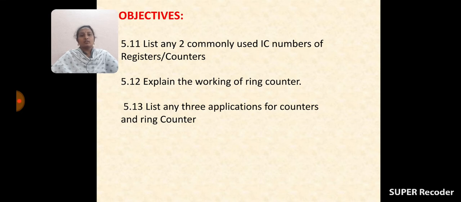In a synchronous counter, all the flip-flops are triggered with the same clock pulse simultaneously, and in an asynchronous counter, the clock pulse must be applied to the first flip-flop, and all other flip-flops are triggered with the output from the previous one.